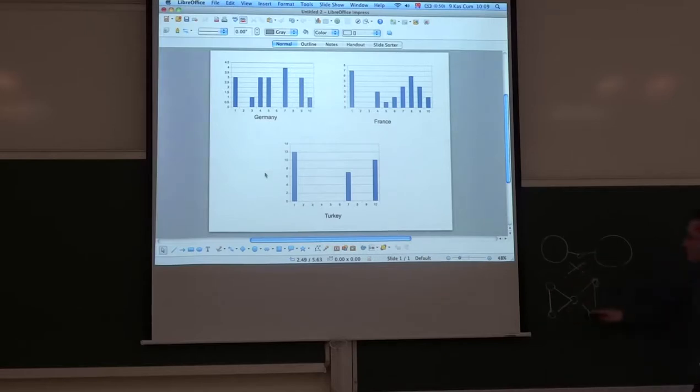But when I take all together, what is the number? Let's calculate that. I have to look at all of my neighbors. So I have 4 neighbors. But these 2 don't know each other, and these 2 don't know each other as well.